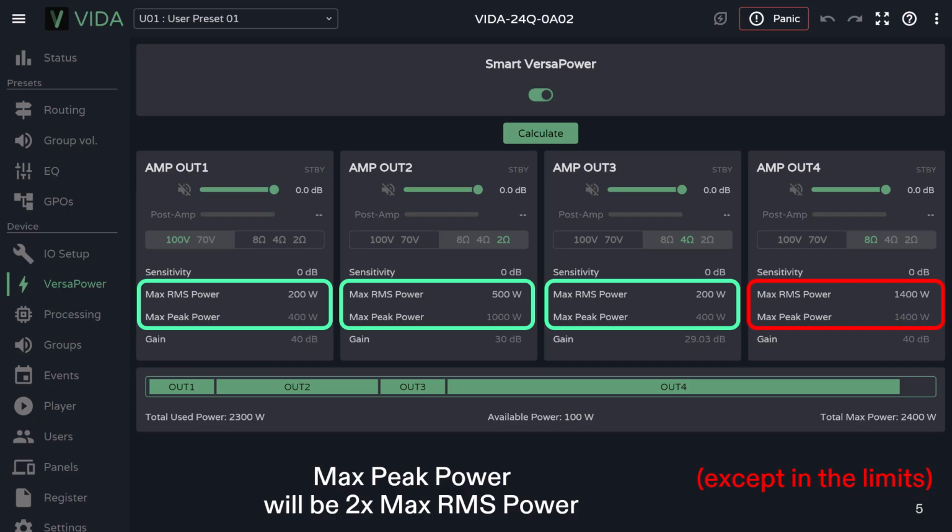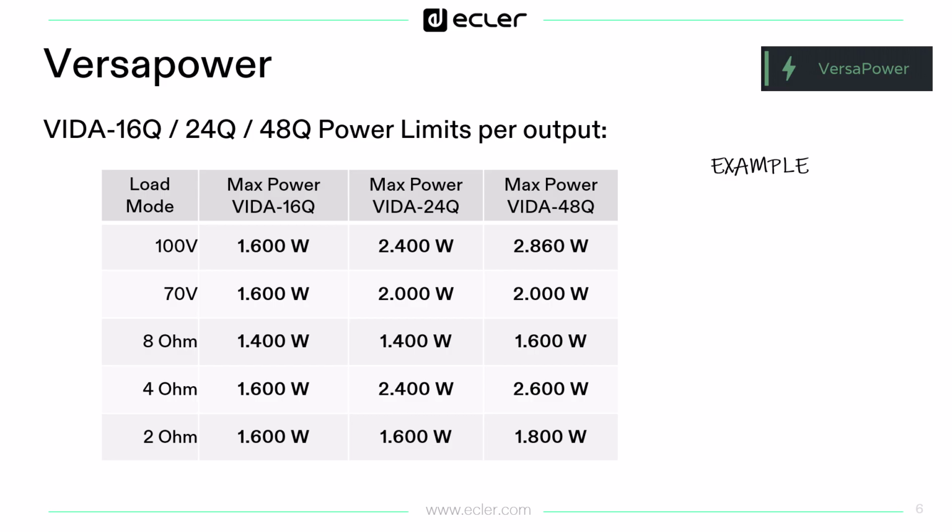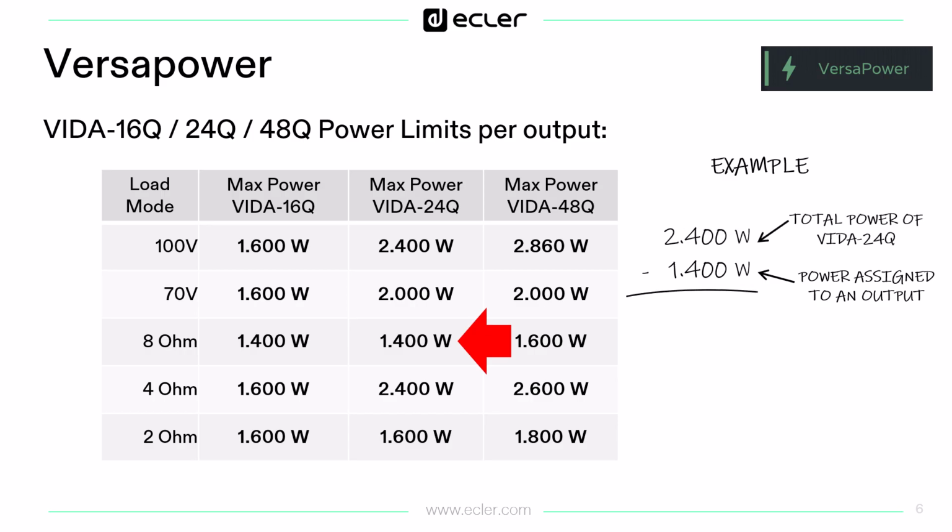Then you may wonder, which are the module's limits referenced to the loads? Here we see a table of the amplifier module limits per channel. In the case of a VIDA 24Q, this means that in an 8 ohm load we can have a maximum of 1400 watts.